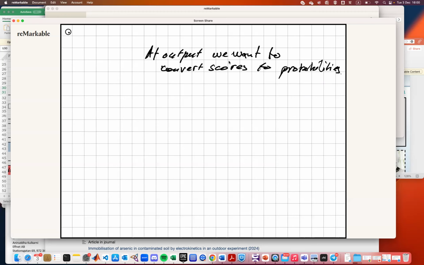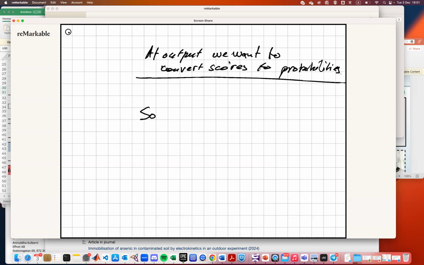That will become your cost function. But first things first, we want to convert the scores into probabilities, and this is done by normalization using the so-called softmax function.